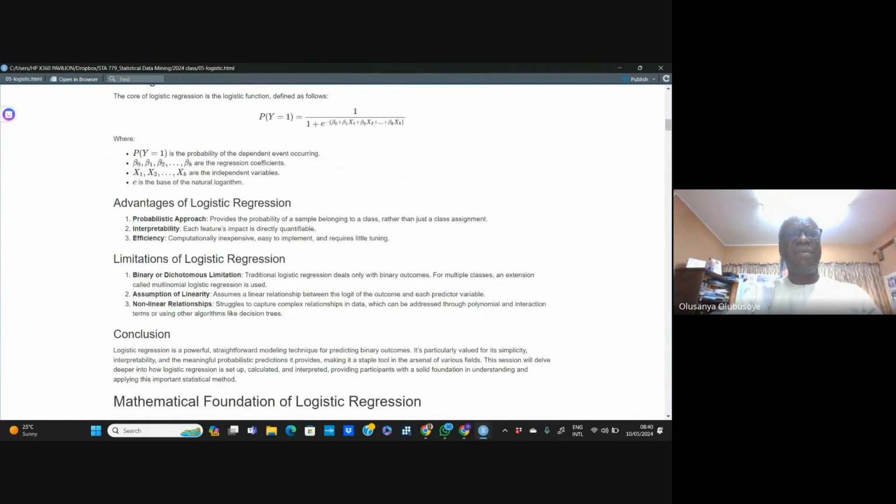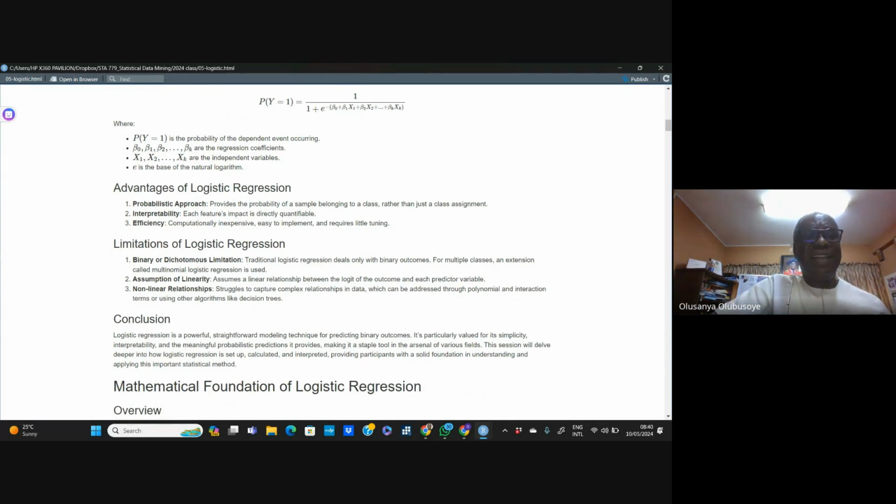Advantages of logistic regression. One, I've said it. It provides the probability, so you can easily compute the probability of a particular level occurring, or the probability that a success outcome will occur.